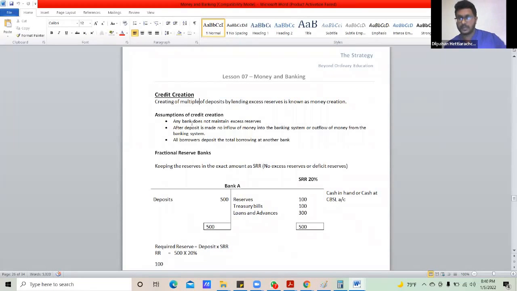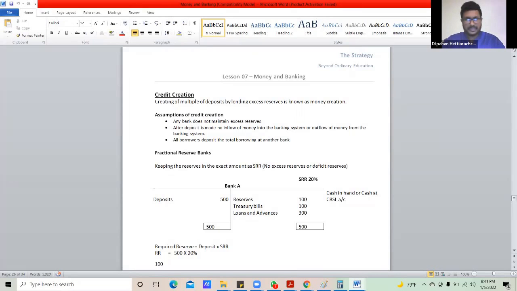So overall, if we do the calculation, there will be 2 million calculated as money supply in the country, right? So who has made this difference? Who has doubled the money supply? Originally it was 1 million, and because of this commercial bank's operation, it has increased up to 2 million, right? That's a simple example of credit creation.